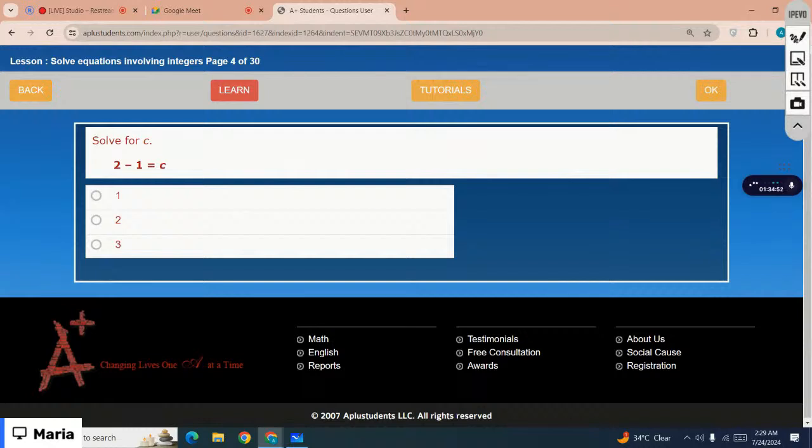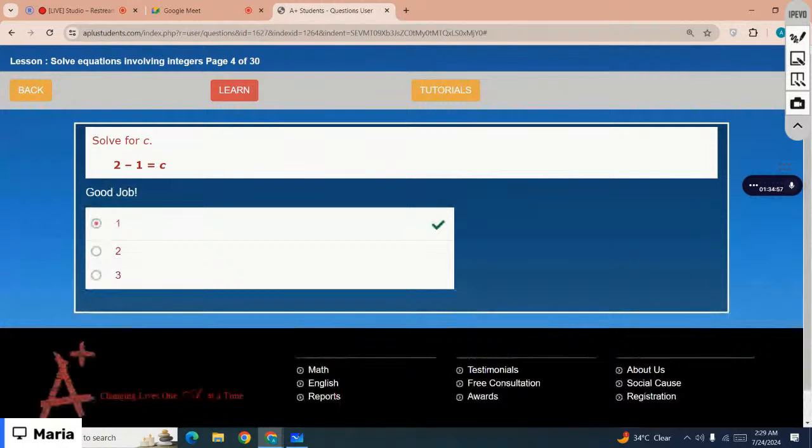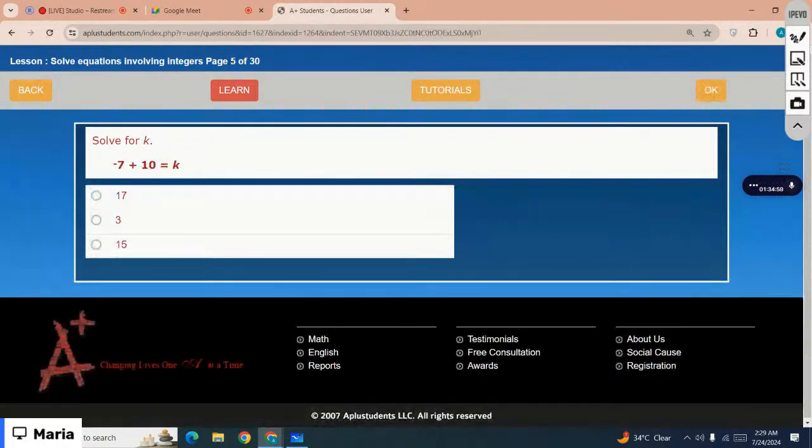The correct option is 1. Option number 1 is the correct option. Negative 7 plus 10, which is the correct option.